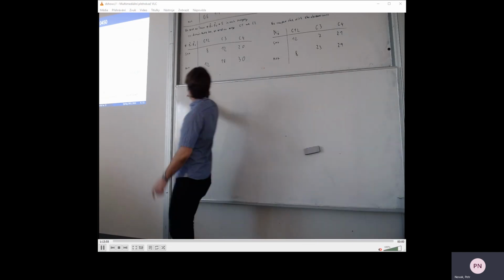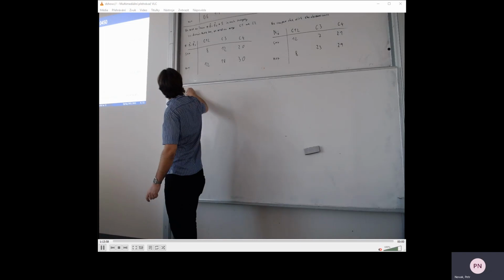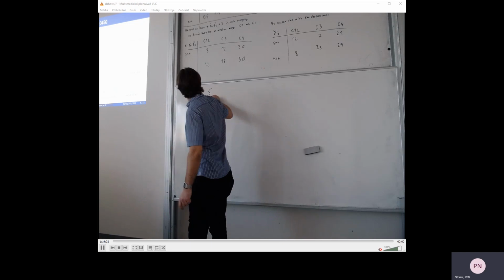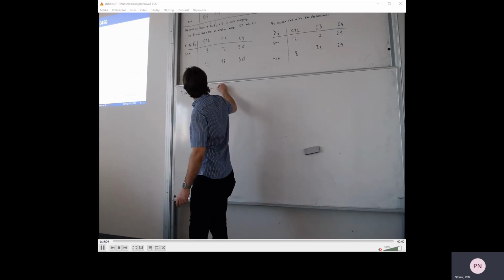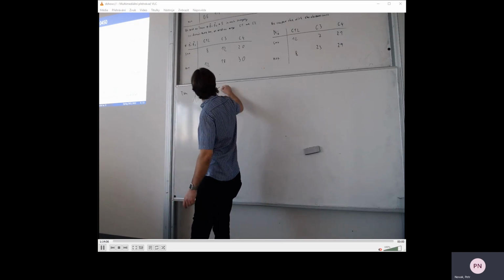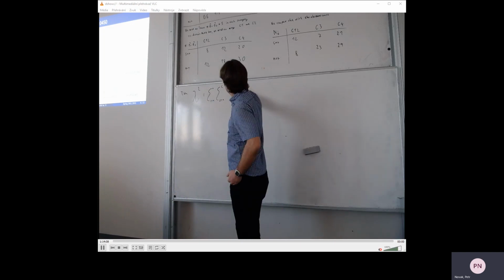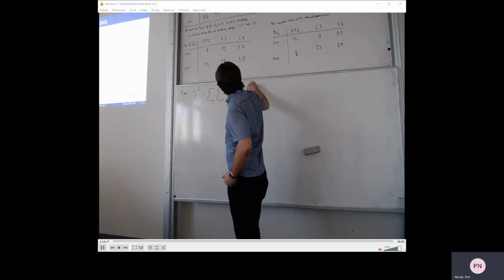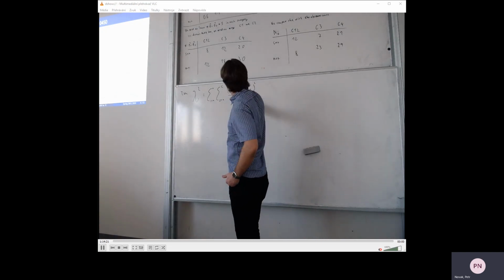So then, the chi-square statistic is just the sum over all rows, sum over all columns, of (N_ij minus n times P_i• P_•j) squared over the expected counts.